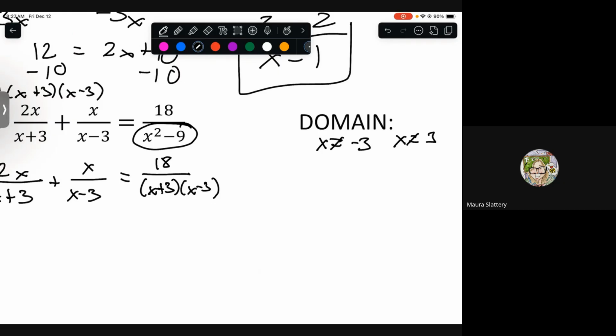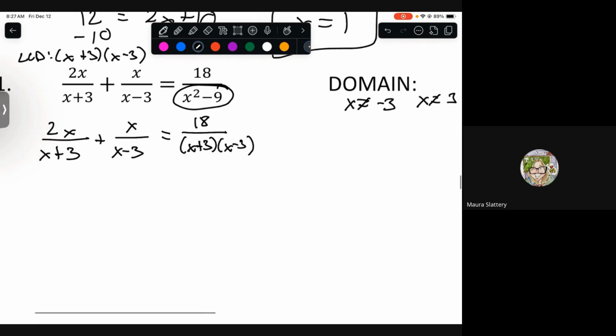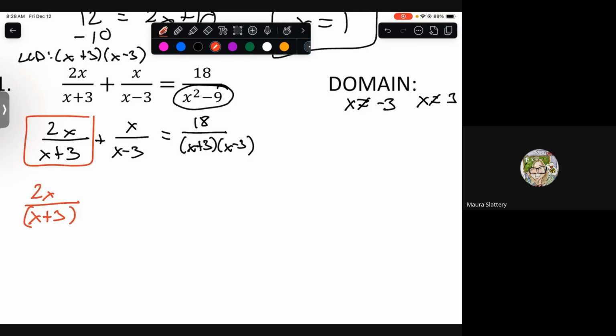Now at this point, I have to go ahead and get my least common denominator across the board. I'll take this first fraction, 2x over x plus 3. He is missing an x minus 3. So I'm going to go ahead and multiply him by that. So I get 2x squared minus 6x all over x plus 3, x minus 3.